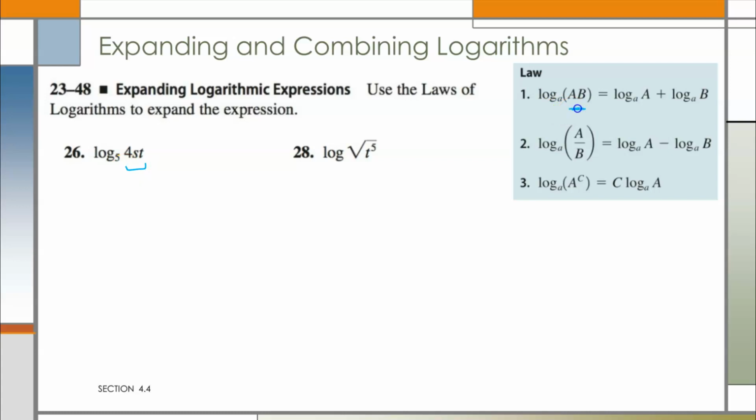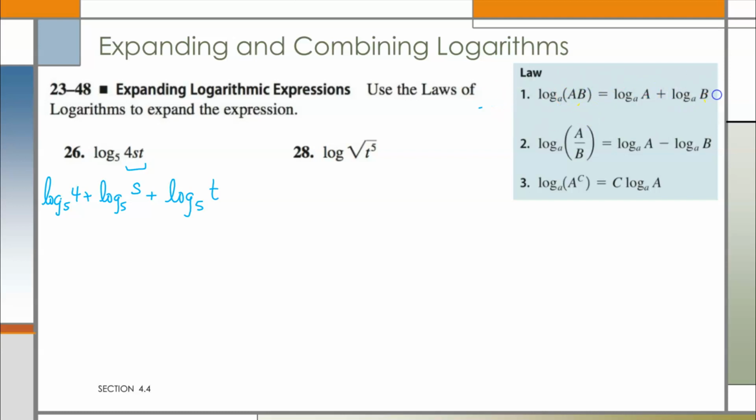If I'm multiplying, I can separate everything using addition, and that was law number 1. So we have log base 5 of 4 plus log base 5 of s plus log base 5 of t. With multiplication, we can separate our log with addition.